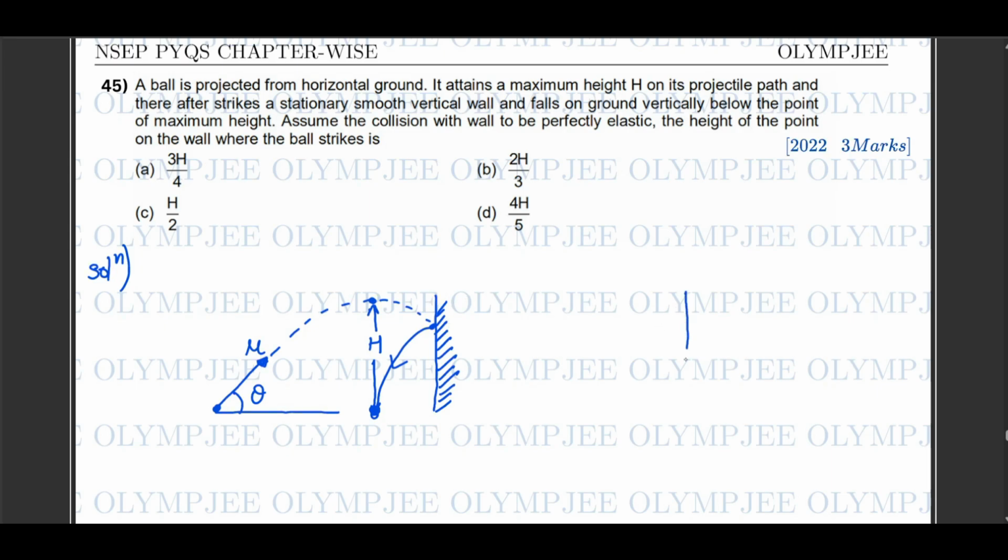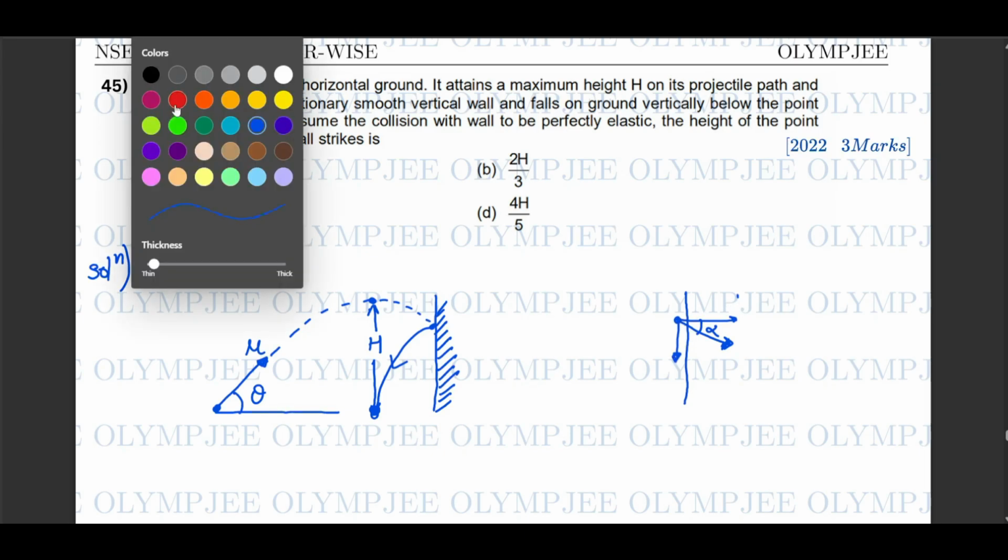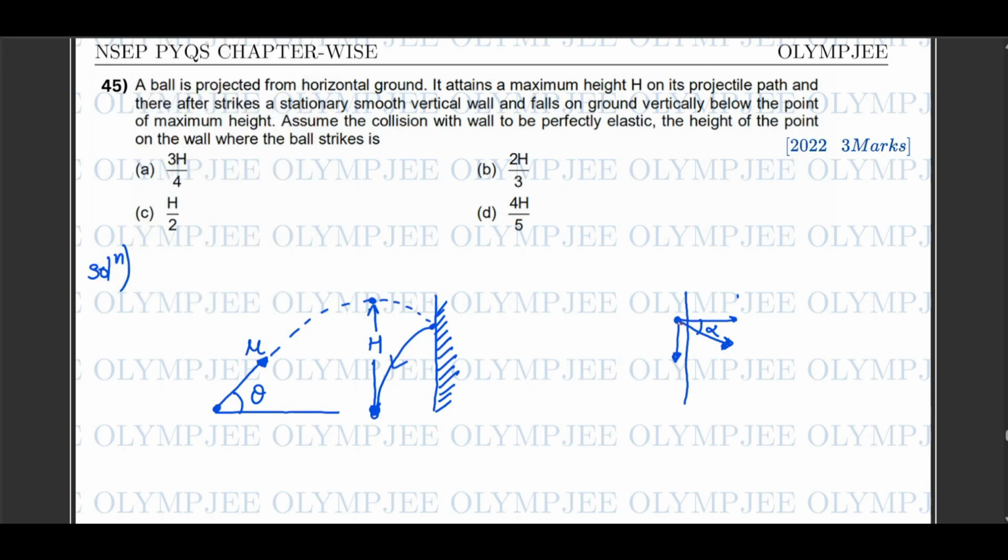So the collision will be something like this, that the ball is coming in this direction and it has some velocity in the horizontal direction and some velocity in the downwards direction. And if the collision is perfectly elastic, then the vertical velocity will remain same and the horizontal velocity will get reversed in direction and the magnitude will be same.